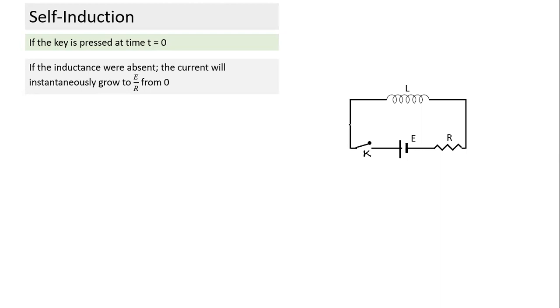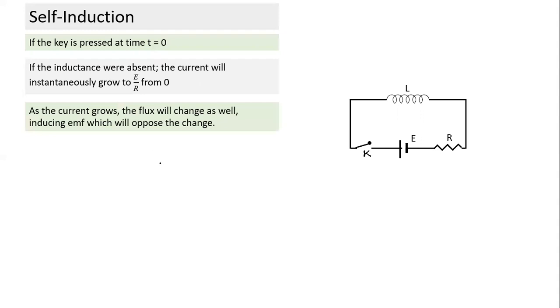Current is trying to increase. As the current grows, flux will change and it will induce EMF. Since the current is trying to grow, that is the cause which is inducing EMF, so the EMF will oppose the growth.